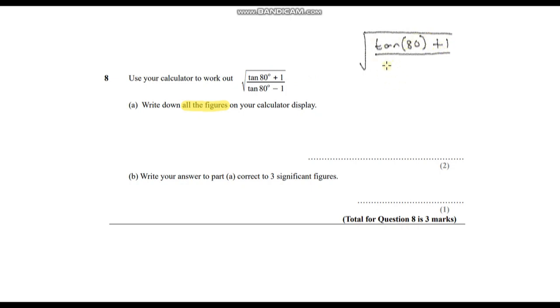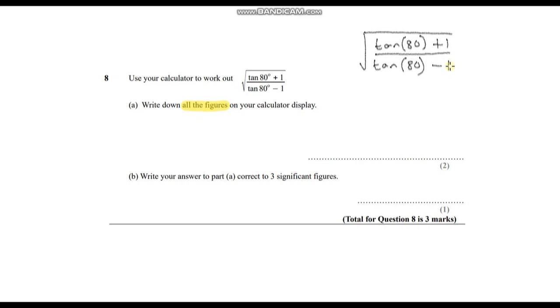And now move into your denominator. We're doing the same thing: tan of 80 degrees, close brackets, and then this time take away 1. So now I'm just going to type all of that into my calculator. Tan 80, close brackets, +1, go down, tan 80, close brackets, -1.